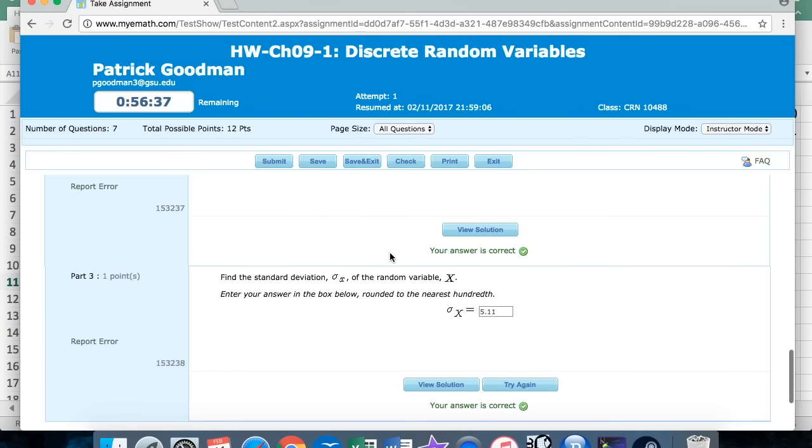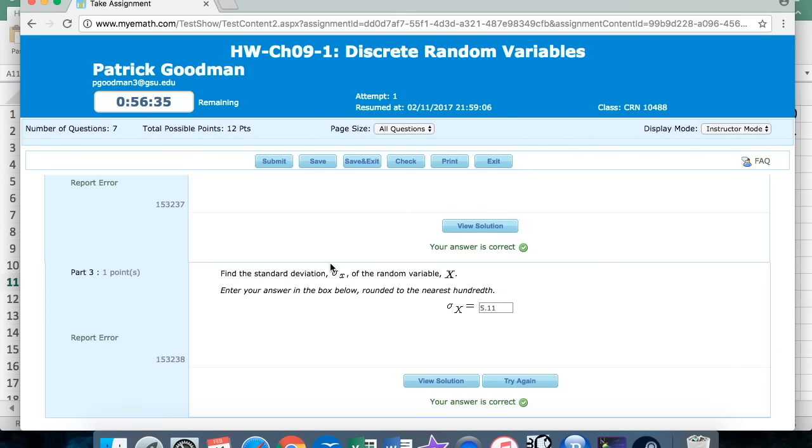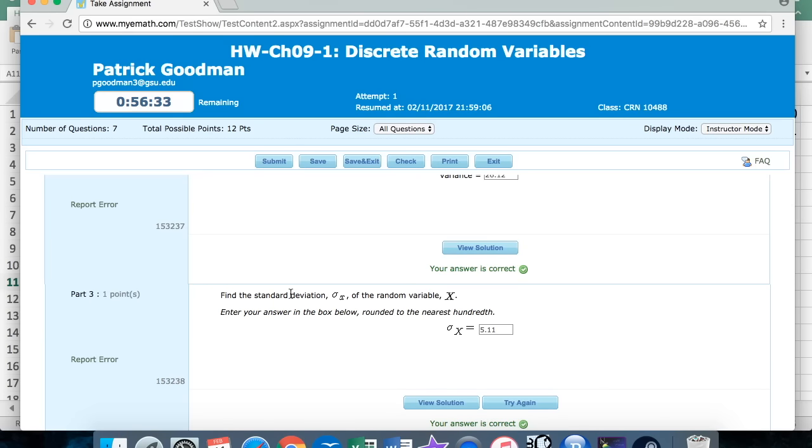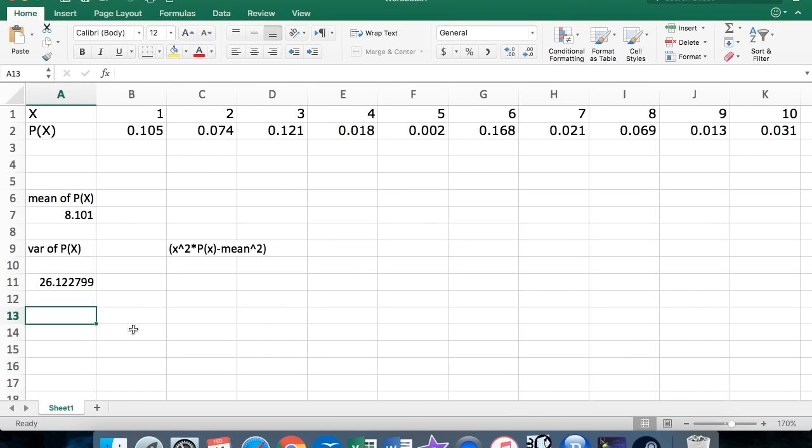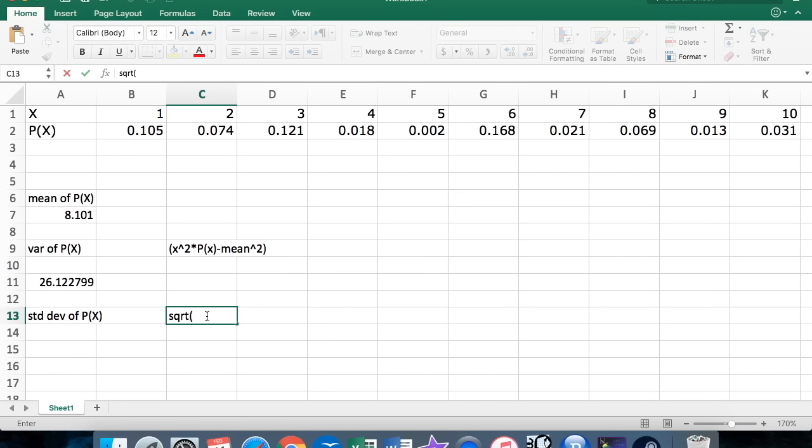Okay, so now it would be helpful to remember the relationship between the standard deviation and variance. If we have the variance already, finding standard deviation is very simple. So standard deviation of p of x, well, it's simply the square root of the var of p of x.